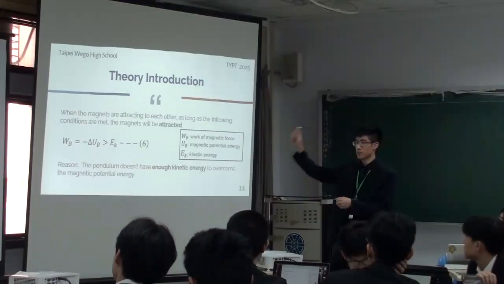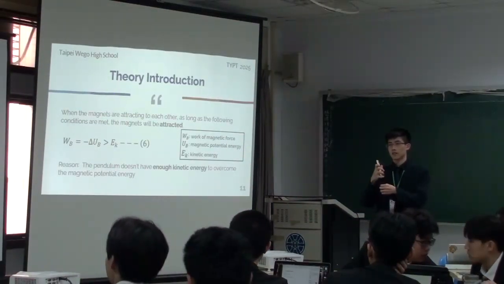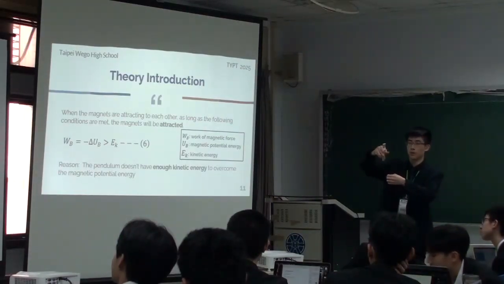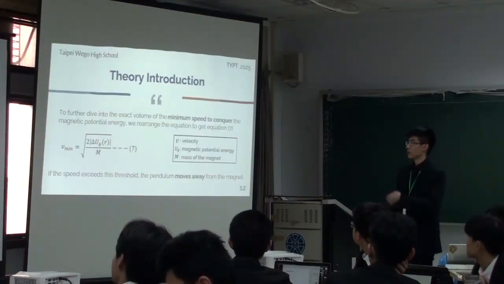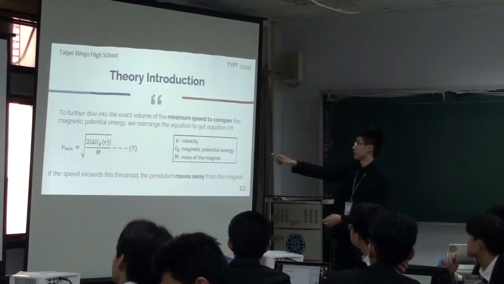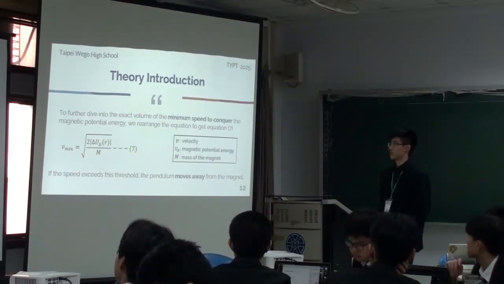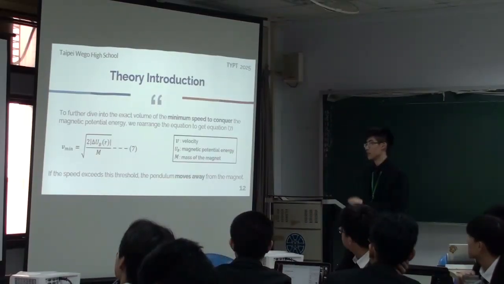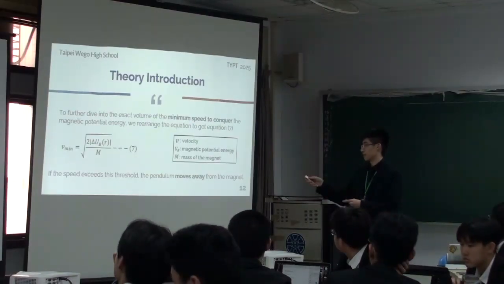We will base on this equation to calculate the threshold speed at which the suspended magnet will be attracted by the base magnets. To find the exact value of the minimum speed to overcome the magnetic potential energy, we rearrange the equation to get equation 7. If the speed exceeds this threshold, the pendulum moves away from the magnets.